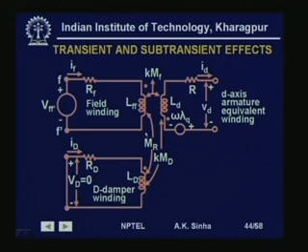Whenever there is oscillation in the machine, this damper circuit comes into play, and since its time constant is very small, it dies off very quickly, and therefore this circuit becomes open.